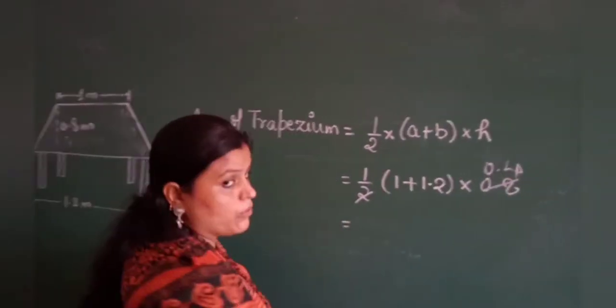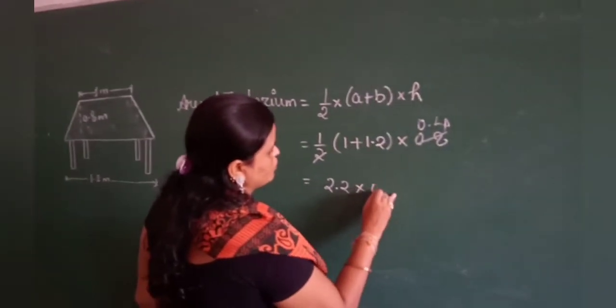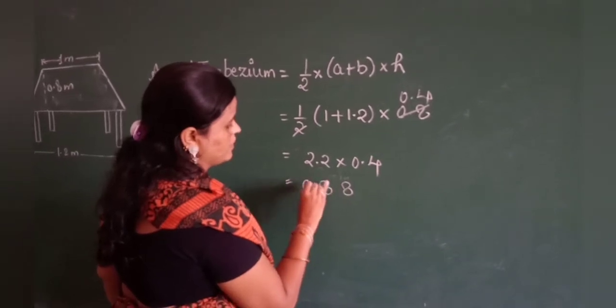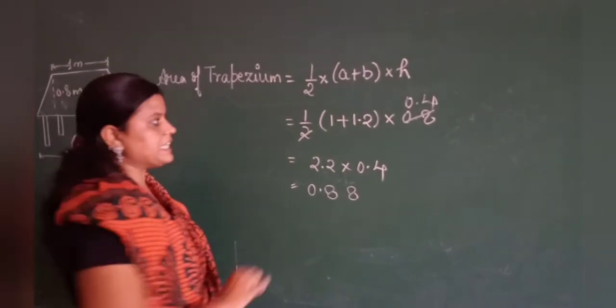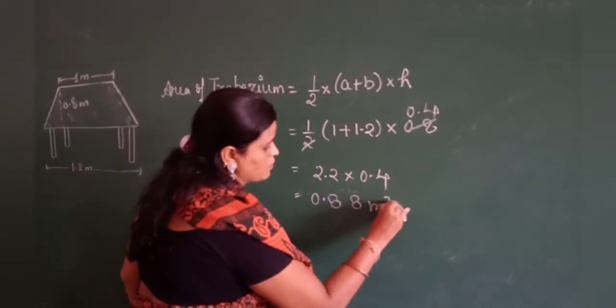You can do the calculation your own way. This is 2.2 into 0.4. This will be 0.88. This is the area and the unit is meter, so it is meter square.